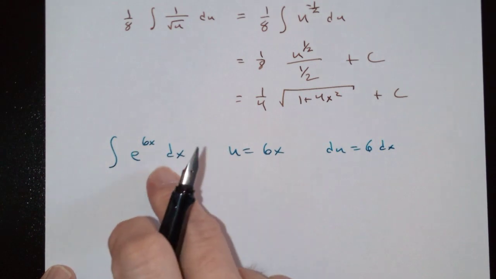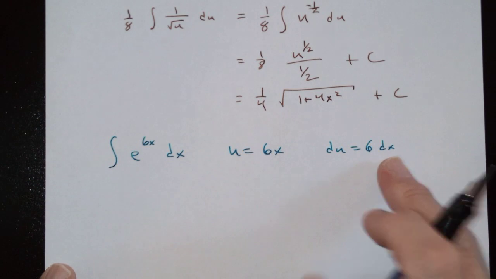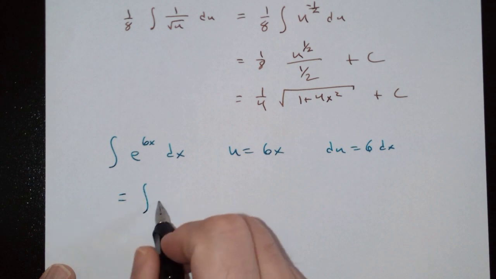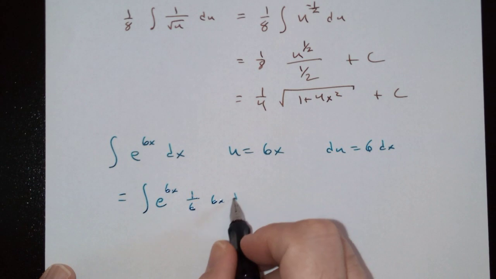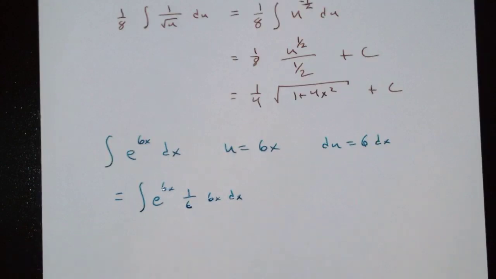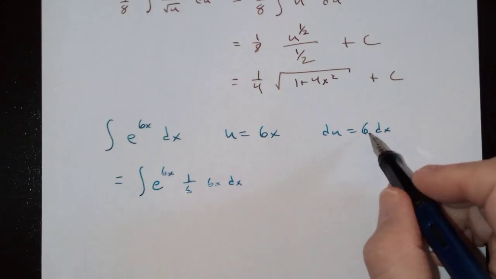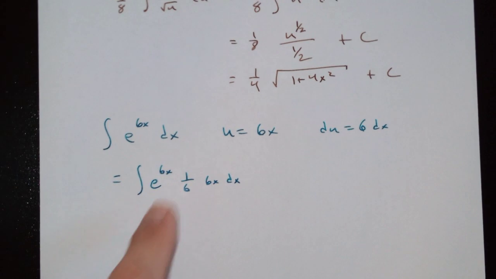So either I need to put 1 in, or I need to rearrange over here. There. I multiplied by 1. That 1 happens to be 6 over 6. Then I take this part and pull it out front.